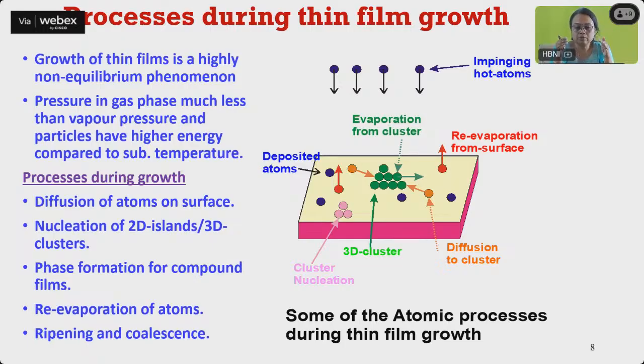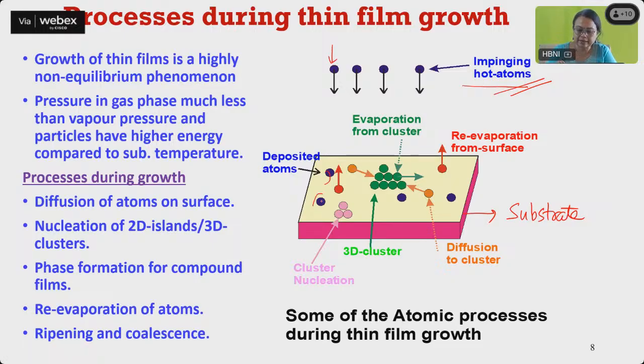So what processes happen on the substrate during thin film growth? These are the atoms which are coming and getting deposited. This is our substrate, and these are the incoming hot atoms, as in the case of thermal evaporation. Now on the substrate, this atom comes and sits here.